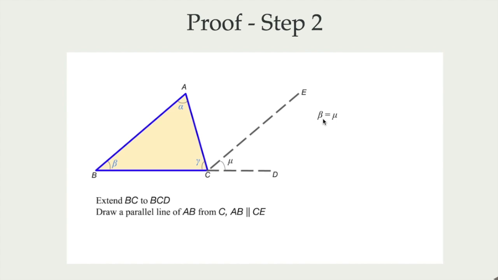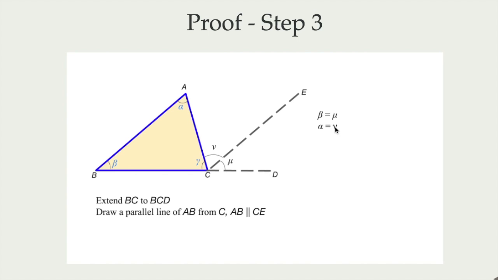We also learned that if we have two parallel lines, AB and CE, and we treat AC as the transversal, the alternate interior angles are equal to each other. In this case, alpha and the alternate one, which I'm going to call nu here, so alpha equals nu.